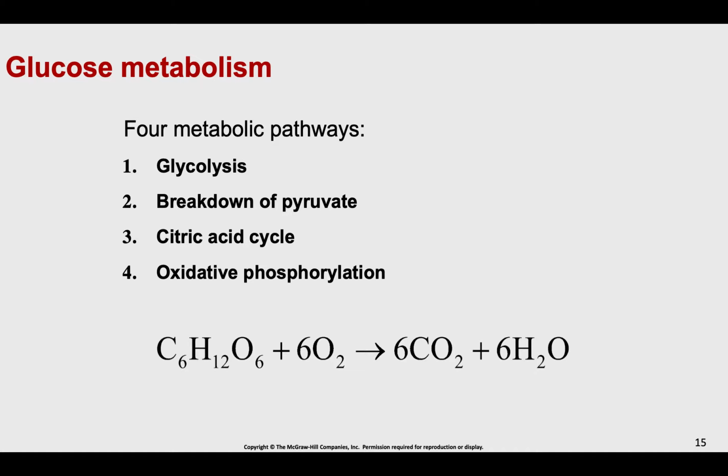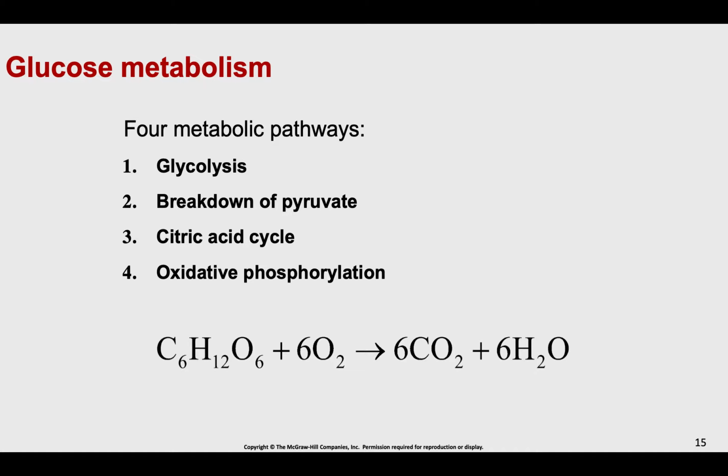But these four metabolic pathways will be present in all the other molecule pathways as well. So we have glycolysis, we have the breakdown of pyruvate, we have the citric acid cycle, also known as the Krebs cycle in some textbooks, and then oxidative phosphorylation, which is also known as the electron transport cycle in other textbooks.